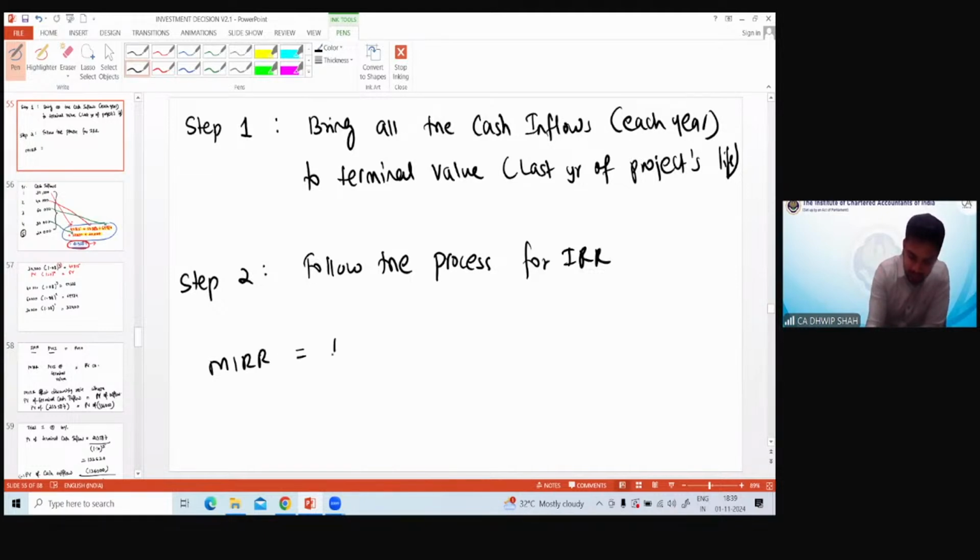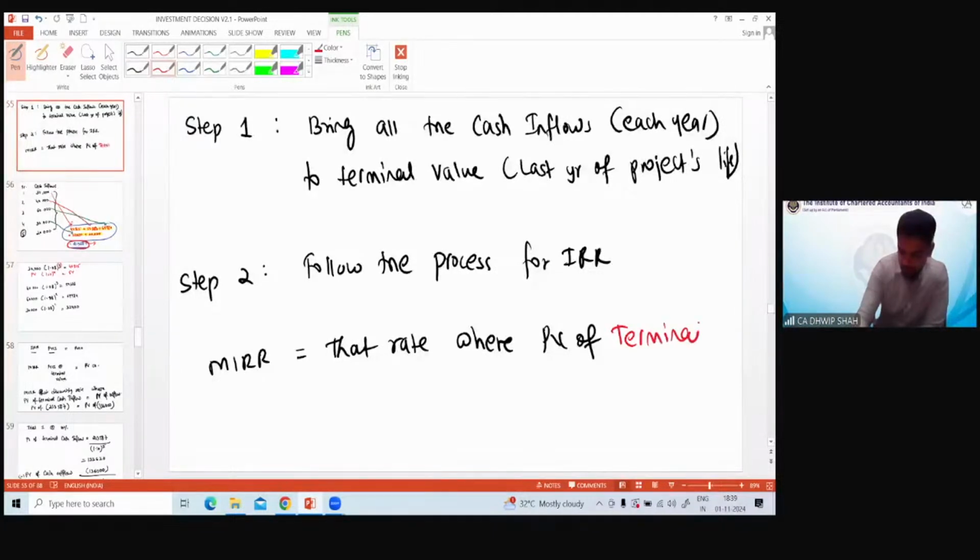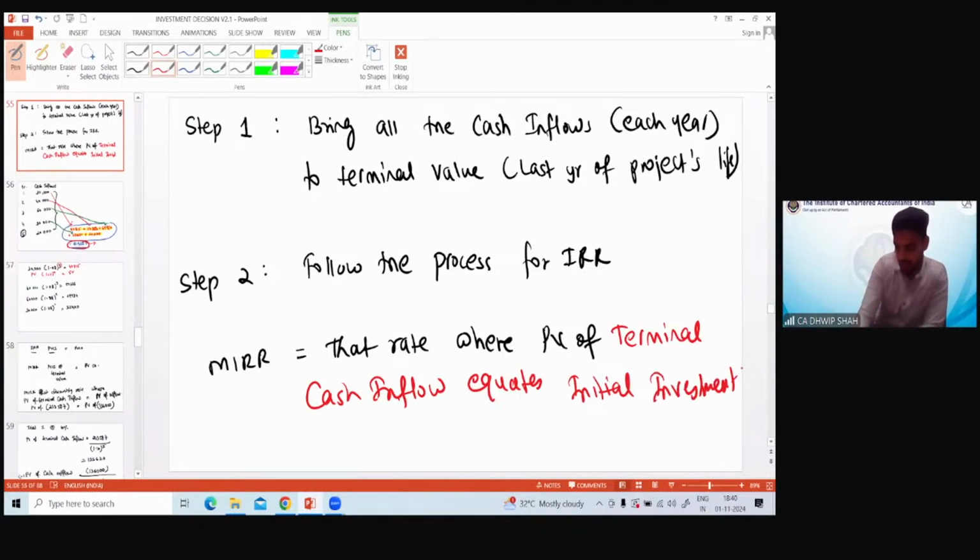It is that rate where the present value of terminal cash inflow equates your initial investment. Here under MIRR there would be only one pool of cash inflow, and it would be at the end of the project's life.